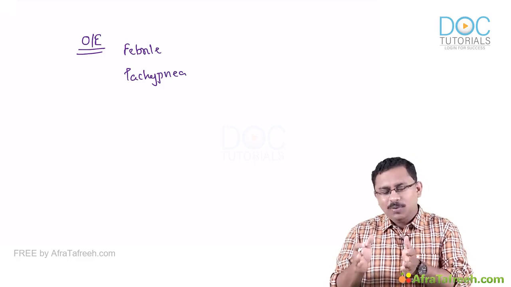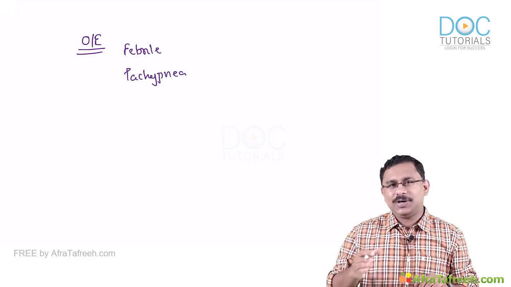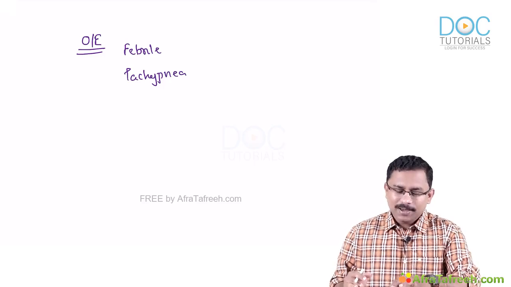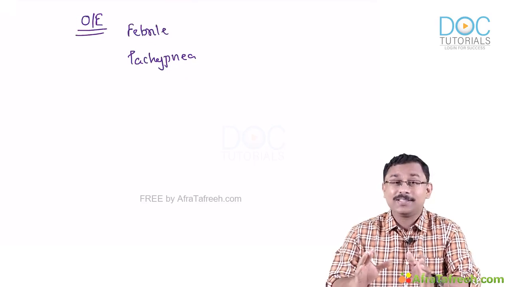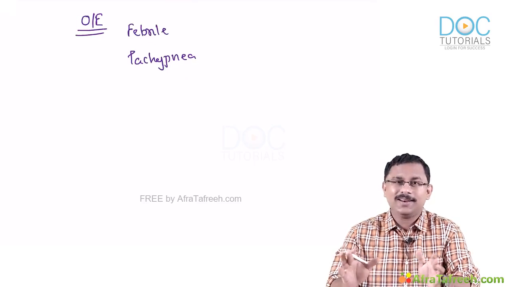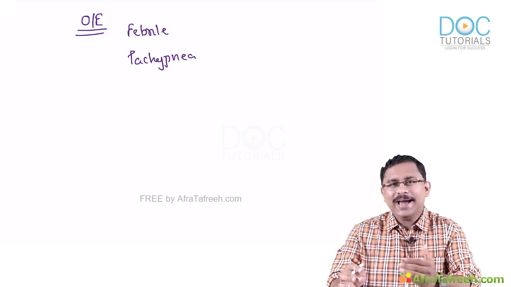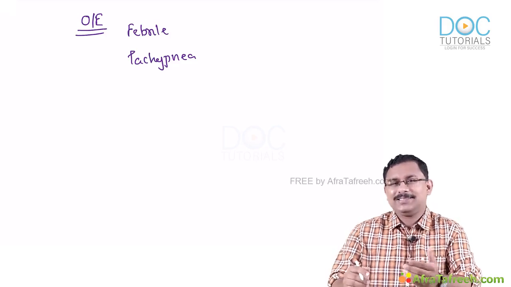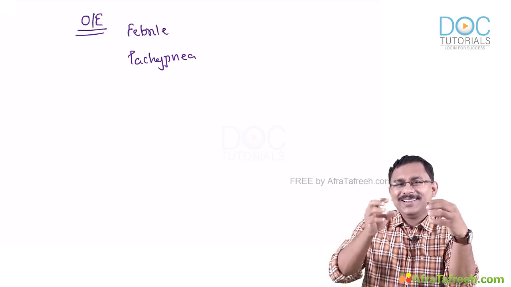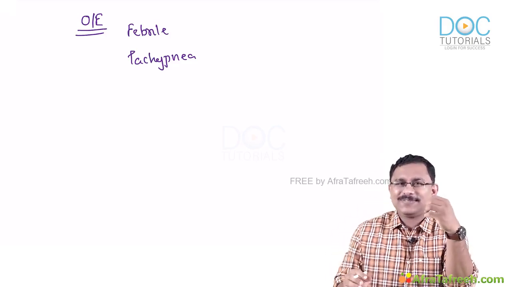But about the respiratory system examination, I'm talking in general pneumonia, you can have certain important findings, which again the examiner can ask you in the form of a long question, putting all these findings.